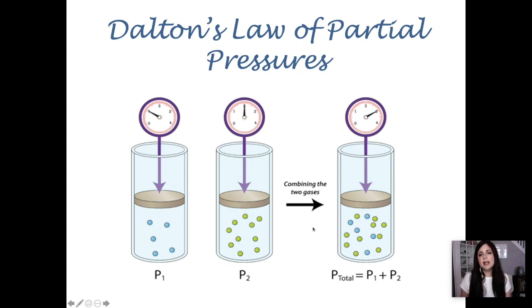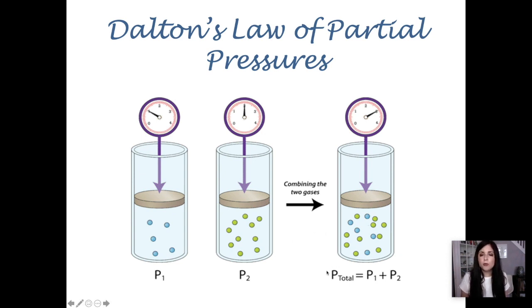If I combine these two gases in the same exact vessel that is the same volume, because the volume isn't changing, what's happening is when you put them together, the total pressure is equal to the sum. If I take this gas and combine it with this gas into one system, those particles are hitting the walls of the container more often because there's more particles in the system.